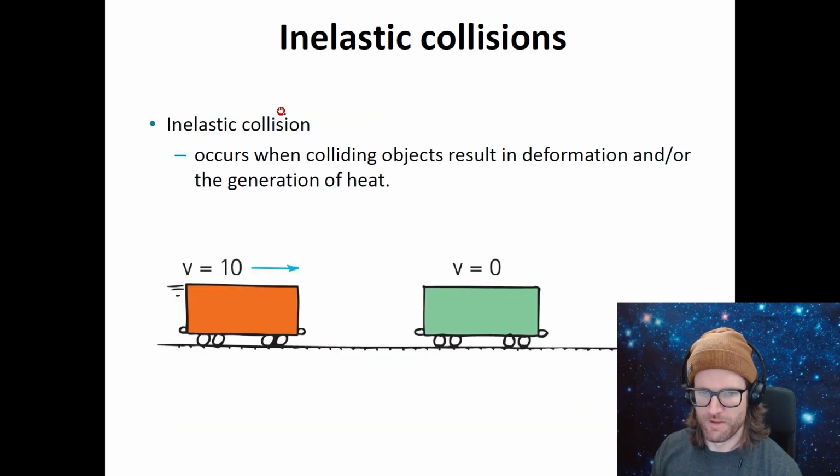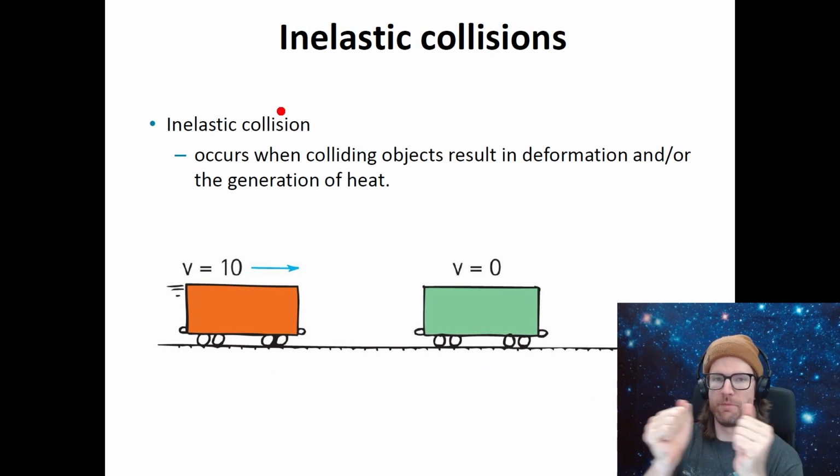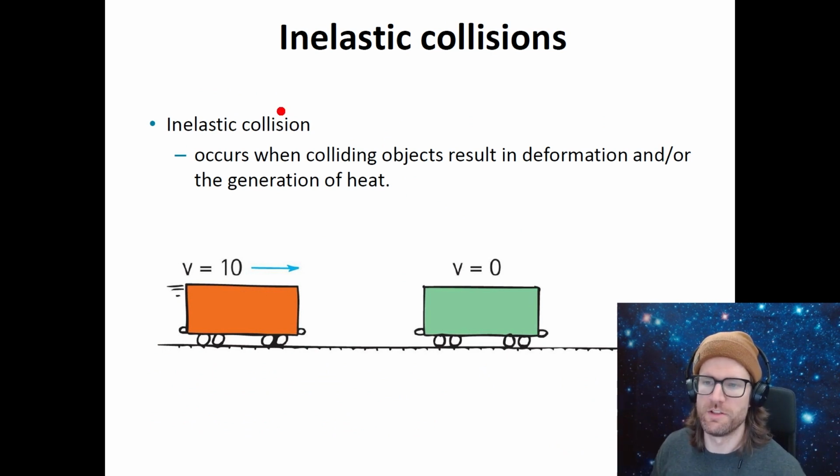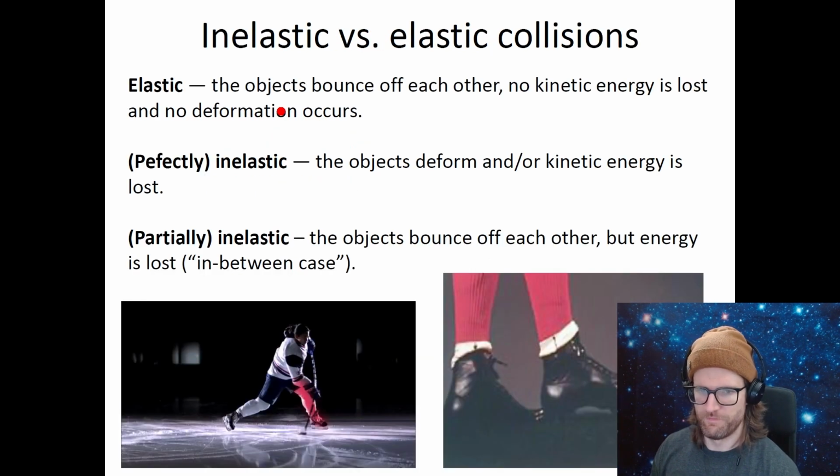An inelastic collision is when it's an imperfect bounce. Almost all collisions we deal with in the real world are inelastic collisions without a perfect bounce. So elastic, perfect bounce: kinetic energy is not lost. Inelastic, not a perfect bounce: kinetic energy is not conserved.